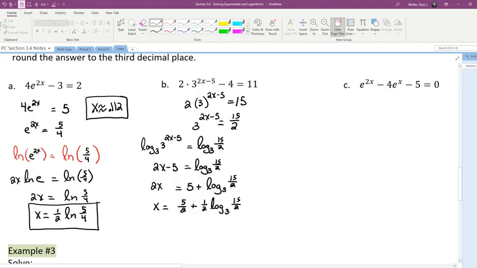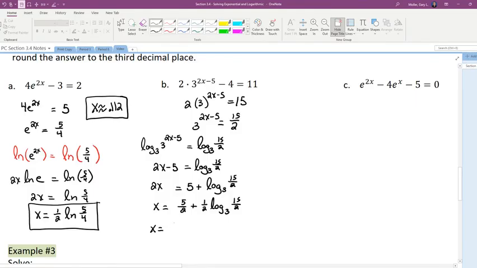Now, with a 3 and a 15 halves, there's no power that makes this a power of 3, so I am definitely dead in the water. I do not know what log base 3 of 15 halves is. So now I'm stuck using my calculator, and in order to use it, I'm going to have to use the change of base. I could use natural log, I suppose, but I'll use log base 10.